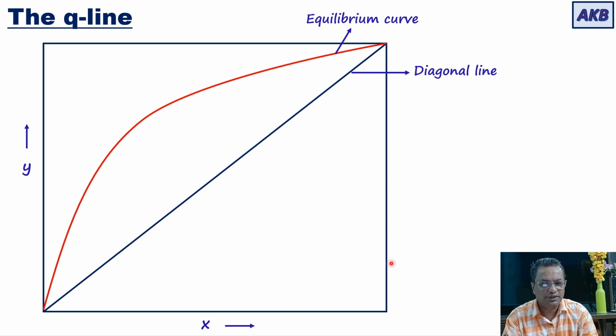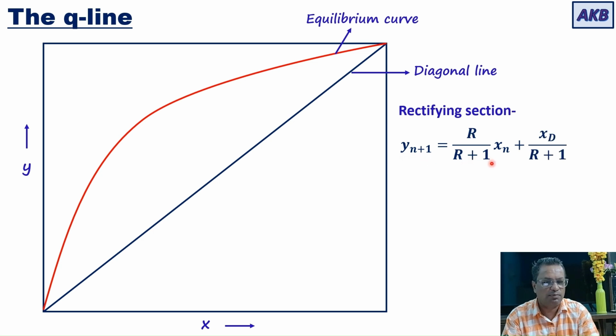Then the operating line for the rectifying section, how to plot it, I have discussed in one of my earlier videos. Please watch those videos. For the rectifying section, the operating line has this equation: yn+1 = R/(R+1) xn + xD/(R+1). Again, I have derived it in one of my earlier videos. To plot the line, you have to locate xD.